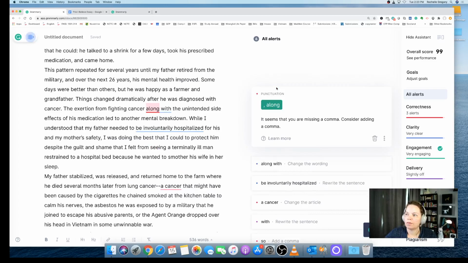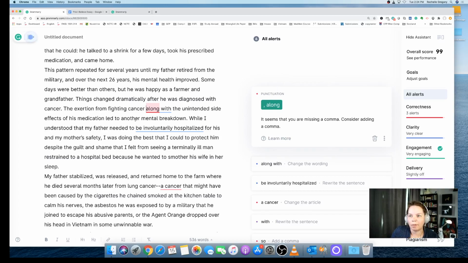All right, so it's saying right here, I need a comma. So now in this case, let's see. The exertion from fighting cancer, along with the unintended side effects of his medication, led to another mental breakdown. Now, I don't have a complete sentence and I don't have a coordinating conjunction with a complete sentence on both sides. It's saying that I would need a comma because it's a clause.